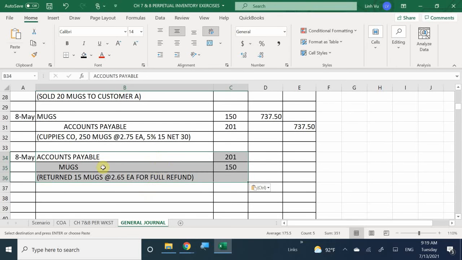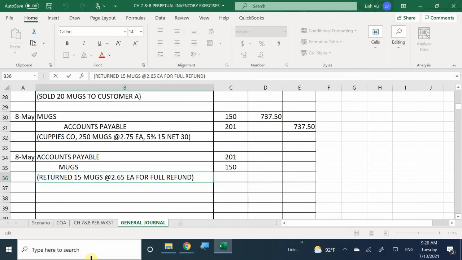Okay, so this one right here. But this time, instead of actually returned, we got an allowance for 50 mugs, which cost me $2.75 each, not for a full refund, but for a 15% discount.